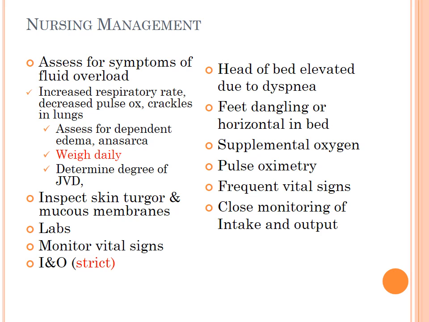The whole thing is we need to make sure that we are trying to increase cardiac output, which is a lot of the stuff that we talked about as far as the pharmacological therapy. But we also want to make sure we promote oxygenation and gas exchange. We like that. Okay. So making sure the head of the bed is elevated so that we can have full lung expansion.